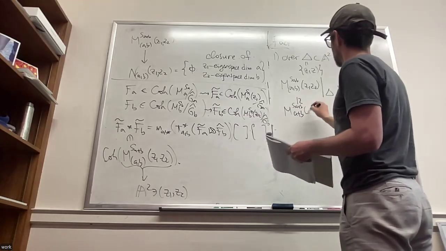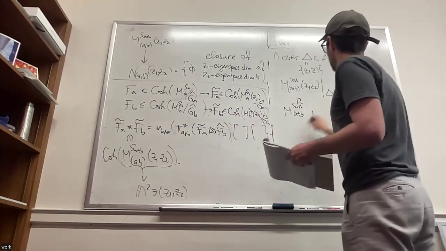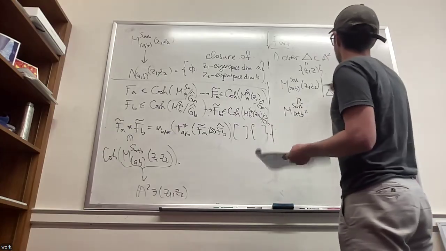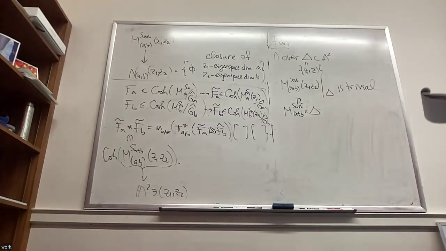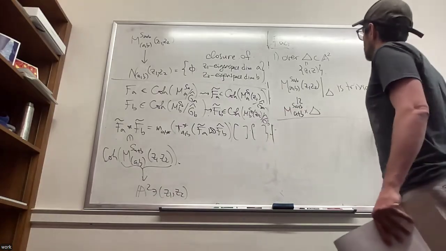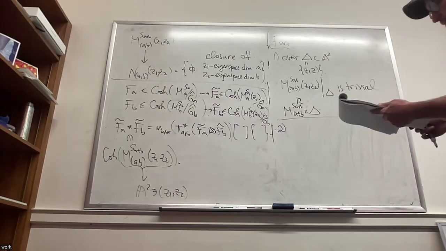Sorry, the moduli space is across delta A1. So they're trivial over the diagonal, and away from the diagonal, it's a little more complicated.